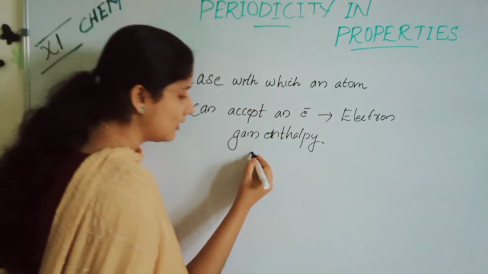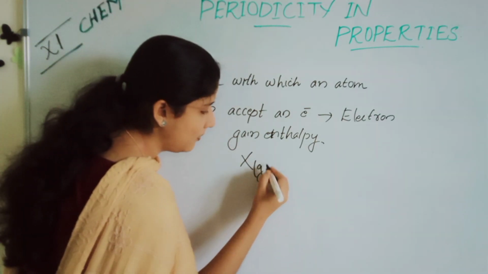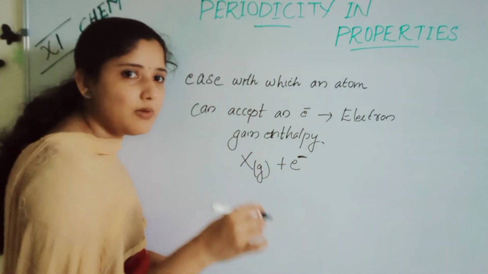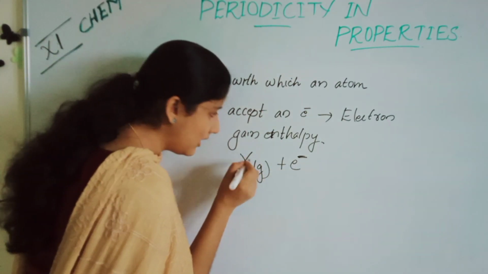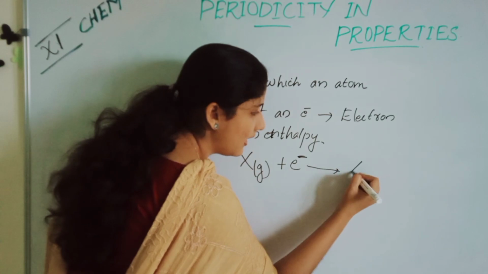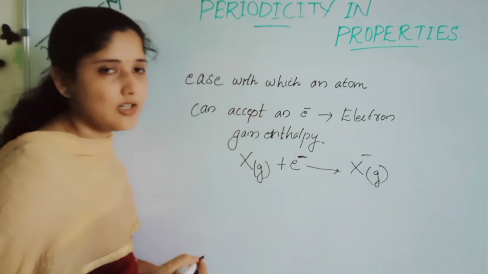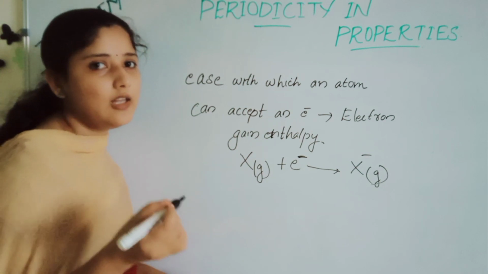Look here, X in gaseous form, when it accepts an electron, the energy can be released or absorbed. Energy usually will be released to form X minus in gaseous state. The enthalpy released here is known as electron gain enthalpy.